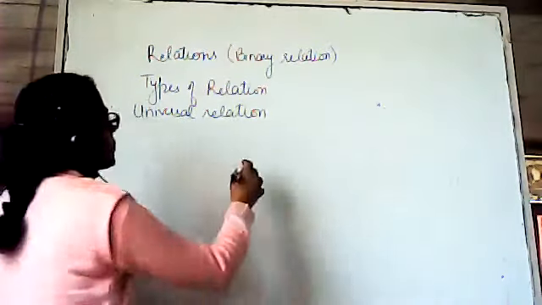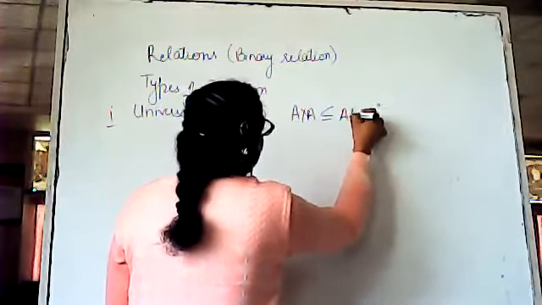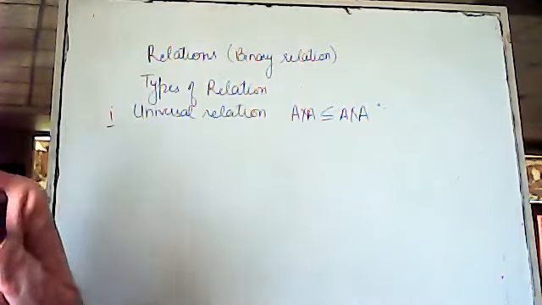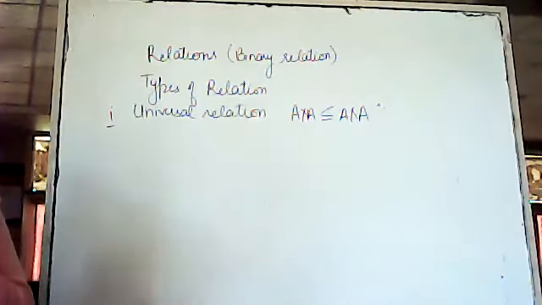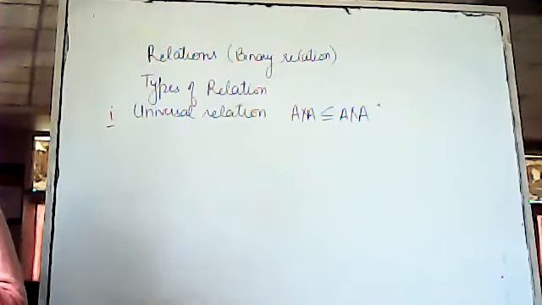Then A cross A is a subset of A cross A. This is true. ठीक है, एक सेट के सारे एलिमेंट्स अपने सेट में प्रेजेंट होते हैं. Hence it is a relation on A. This relation is called the universal relation of the set A.